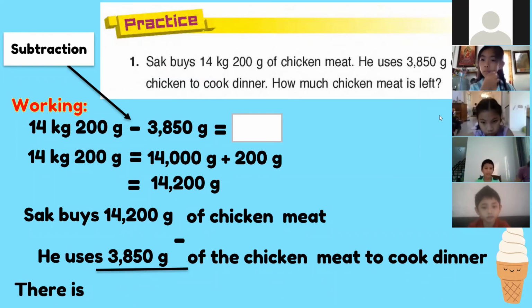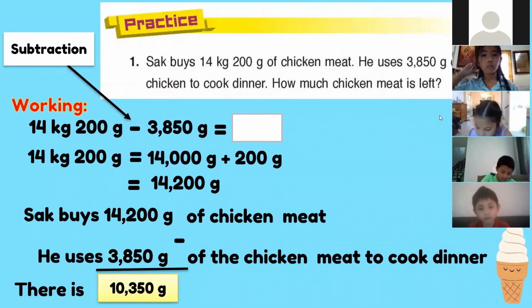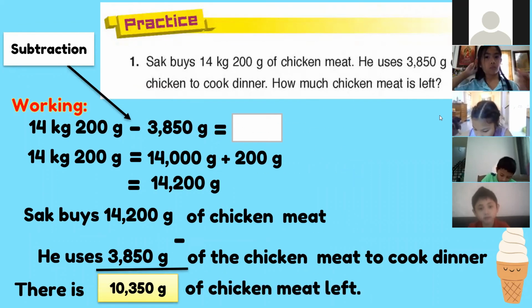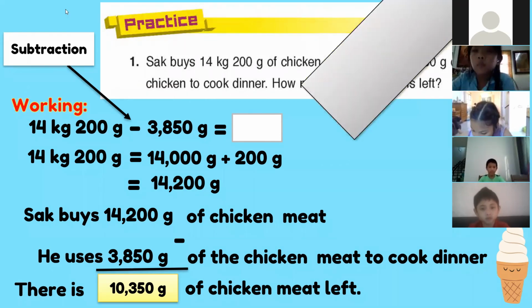Read it as gram. 10,000 and 350 gram. Okay, that's right. 10,350 gram of chicken meat left. That's it. So you have now your answer.